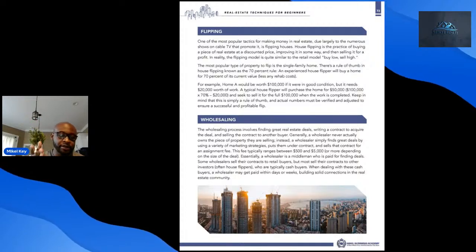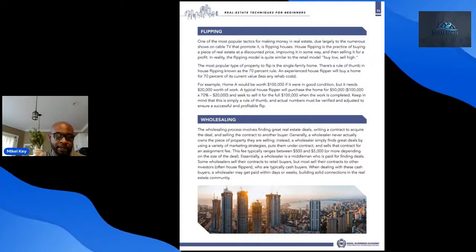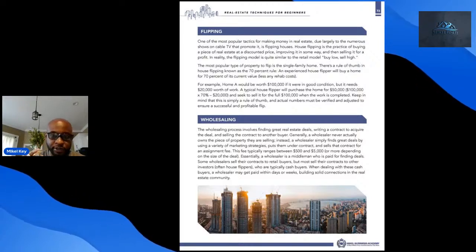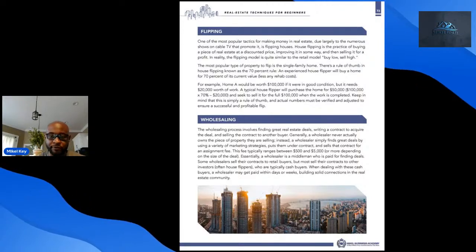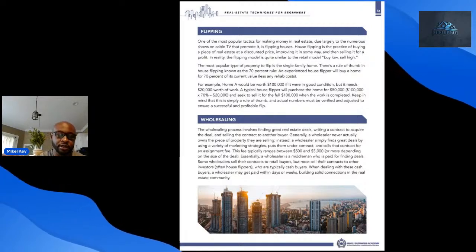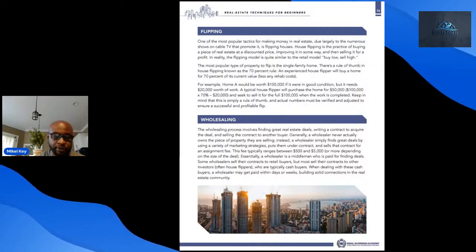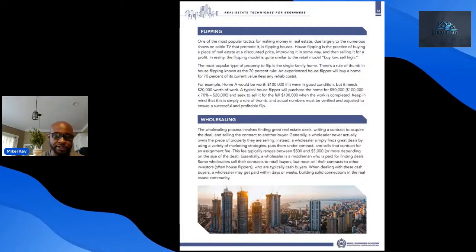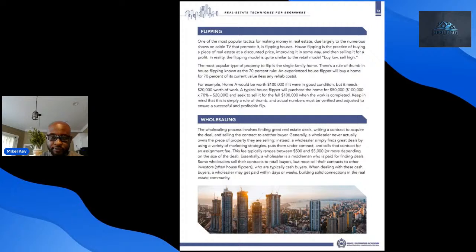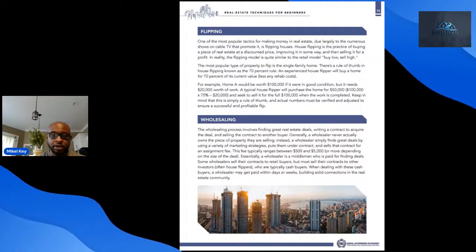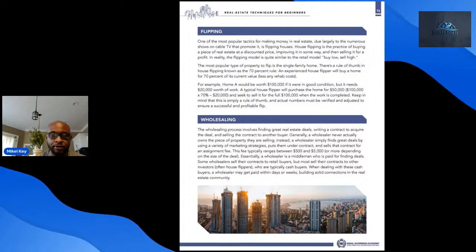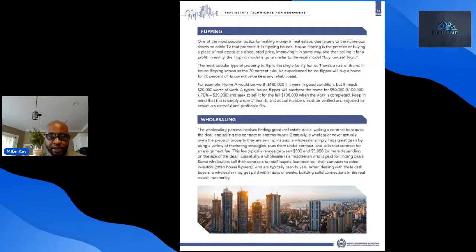Just go back and look at all the past sales in the area and calculate what that price per square foot is. If that price per square foot is $125, and your house is 1,000 square feet, you just multiply those, and you come out with $125,000.